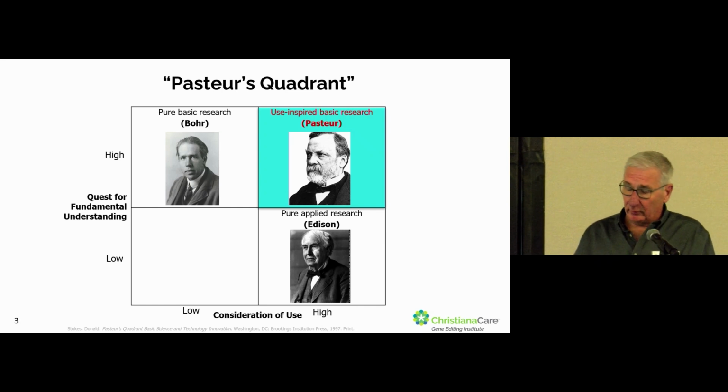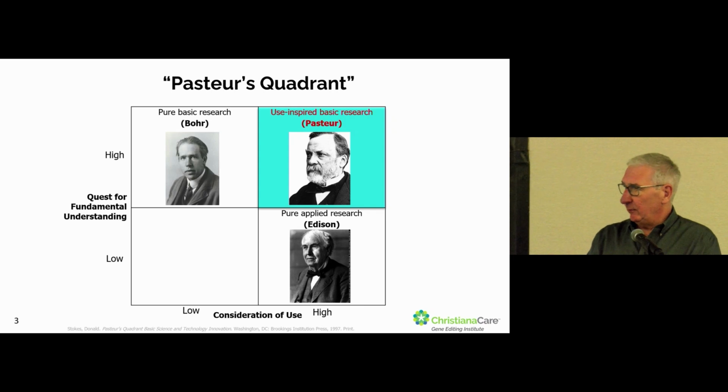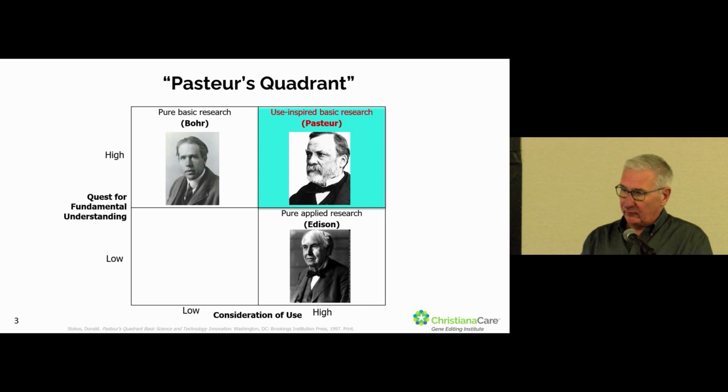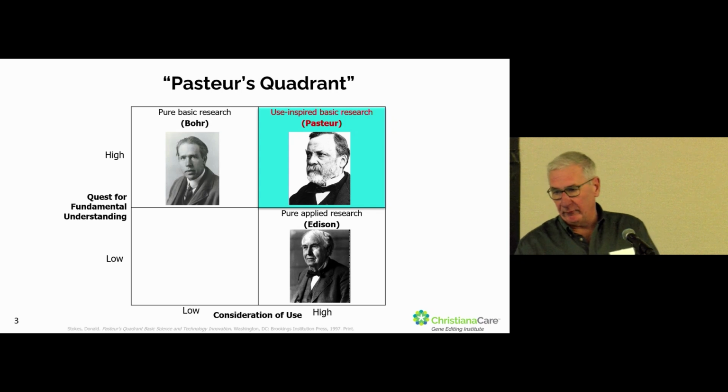And then in the lower right-hand quadrant is Thomas Edison, who people believe was more involved in pure applied research, even though we now know that's not exactly true. But his consideration of use was quite high. And I think all of us these days, particularly my laboratory, works in what's known as use-inspired basic research, which Louis Pasteur is an excellent example of, and he's in the upper right corner.